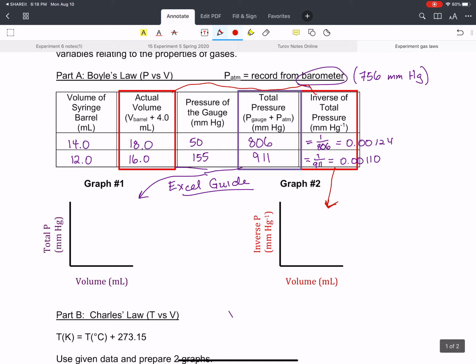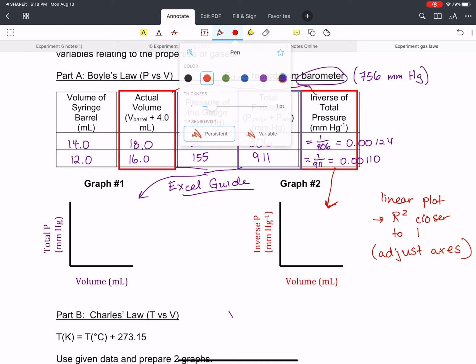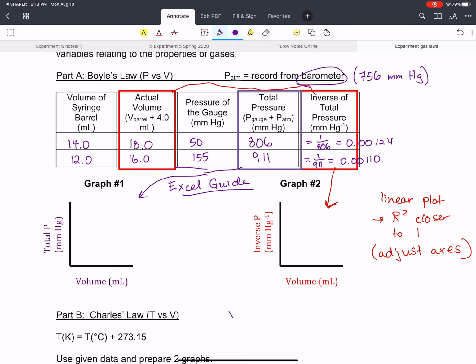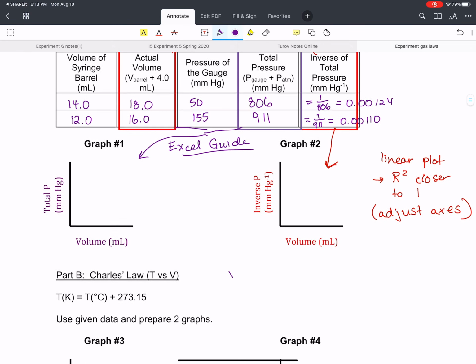So you're going to make 2 plots, and you're going to determine which one is more linear. So the linear plot is the one that has an r squared value closer to 1. It's helpful to adjust your axes so that you can see whether the data is truly linear. If you have any questions, be sure to ask your instructor.